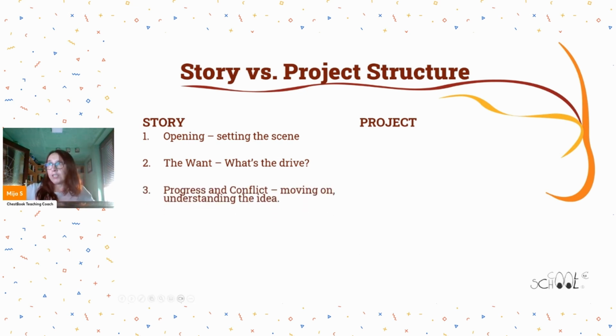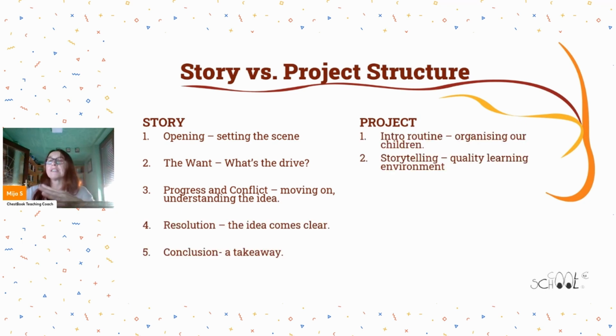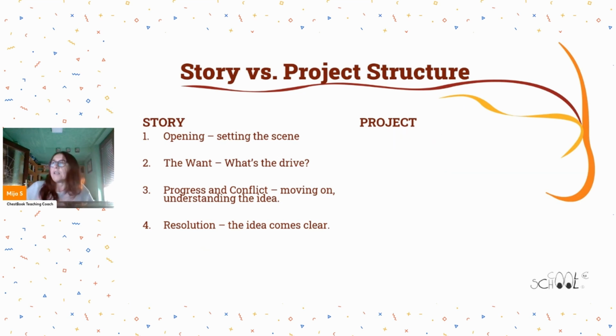The next part is the progress and the conflict. Usually, these 2 parts are put together, so then children see what the problem is that the character tries to solve in order to get to that want. So then we have the resolution. The resolution is the part when the idea comes through, the part when the main character gets their want.